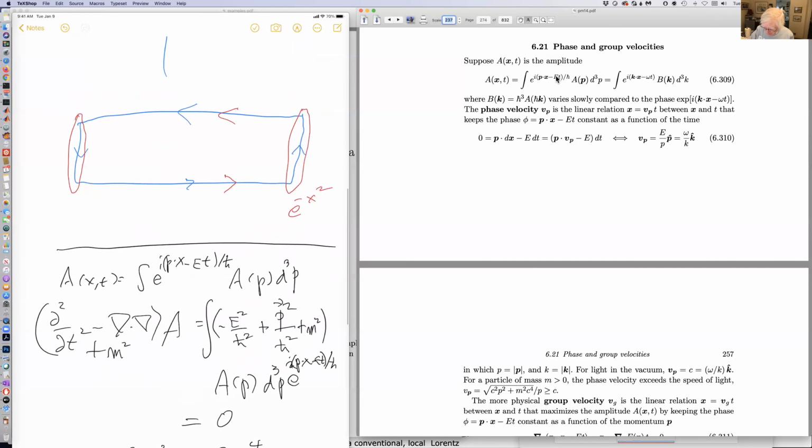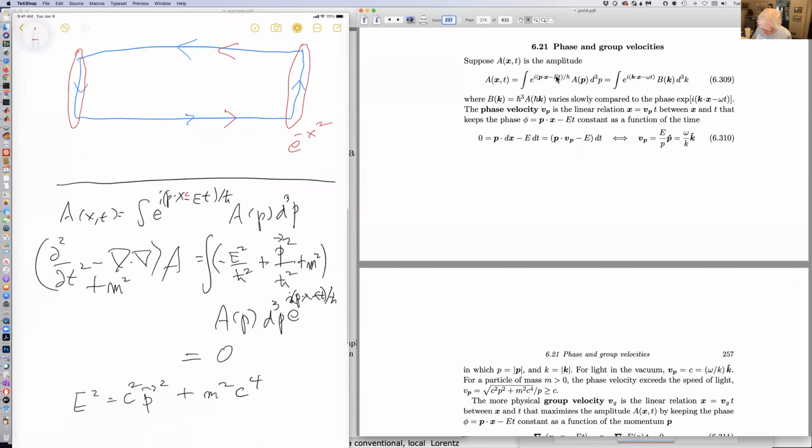So if I bring in some red here, then what I'd want here is a c, and that would be c squared p squared.